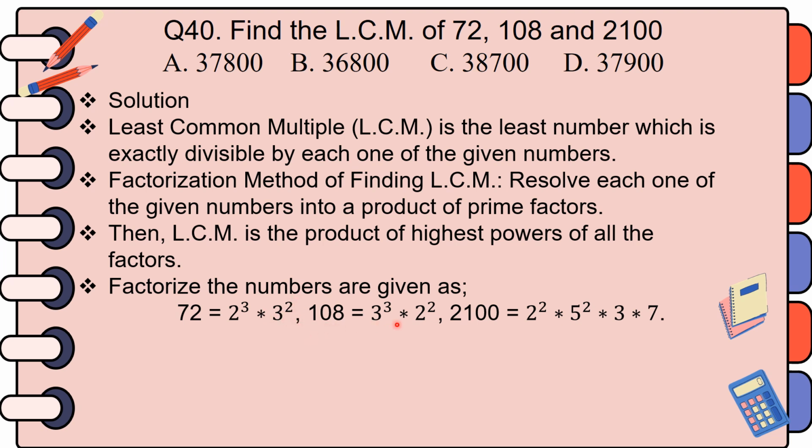Again, 108 can be rewritten as 3 to the power of 3 times 2 to the power of 2. Again, 2100 can be written in its prime factor form as 2 to the power of 2 times 5 to the power of 2 times 3 times 7.